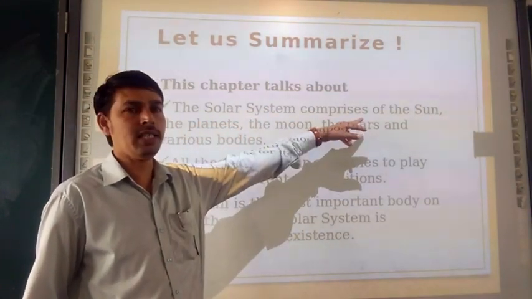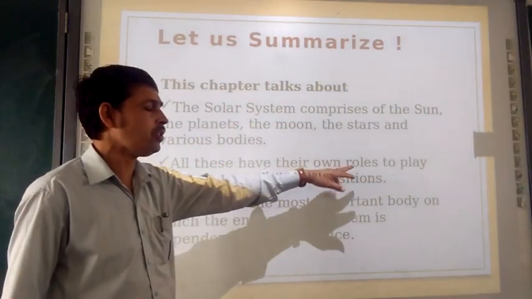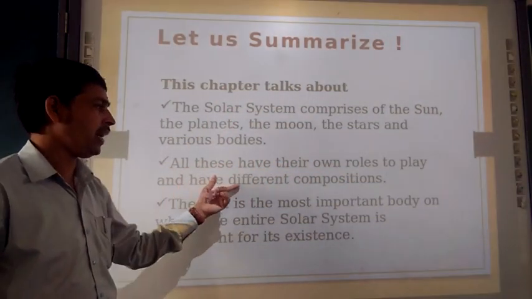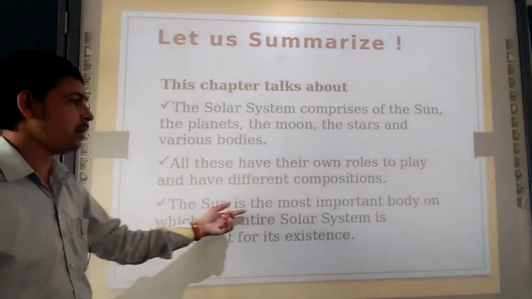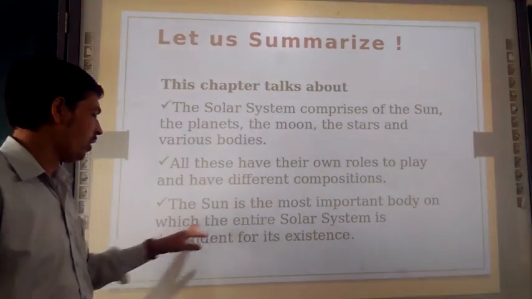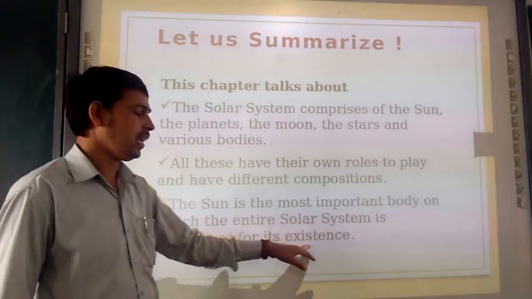We have seen already interesting aside of the stars, that means related to sun, facts and figures. Then all these have their own roles to play and have their different composition. Then the sun is the most important body on which the entire solar system is dependent for its existence.